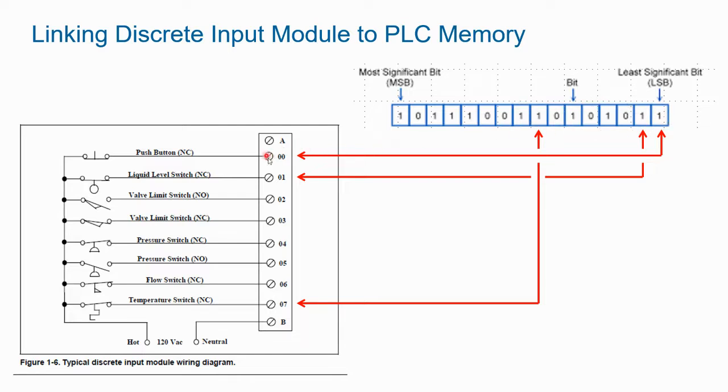So the very first input on this card will get mapped to the very first bit. In this case they're showing a full word, but in this word, right? Our second input will get mapped to the second bit, so on and so forth. And then our 8th input will get mapped into our 8th bit.